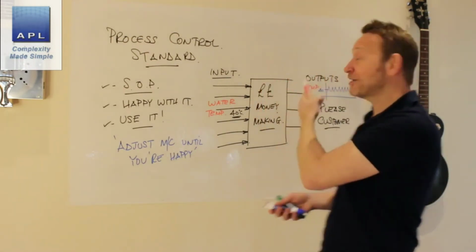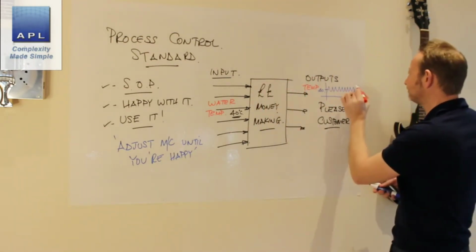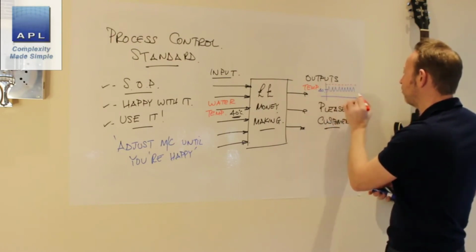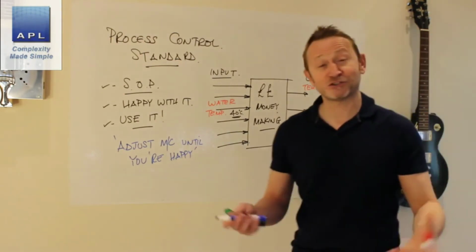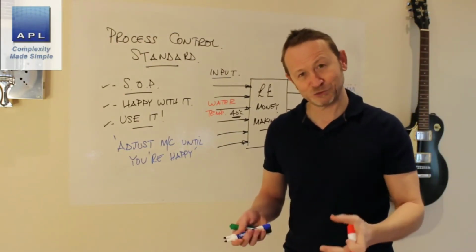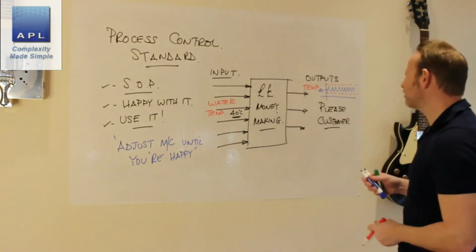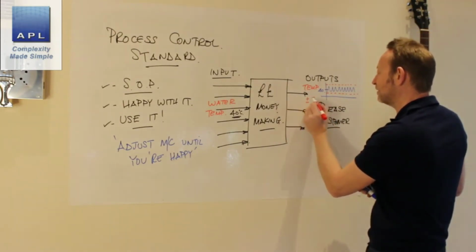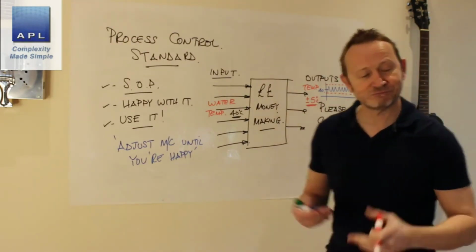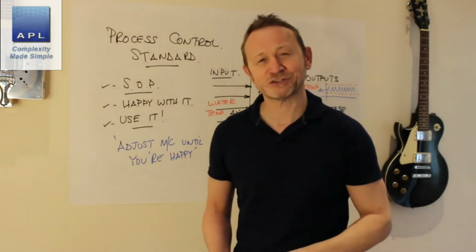So what do we need this side of the process? Well, a tolerance might be useful. Yeah, because we can't hold 40 degrees. Now let's say in this case the tolerance is plus or minus 5 degrees. That's what we decide we're going to put on the process.